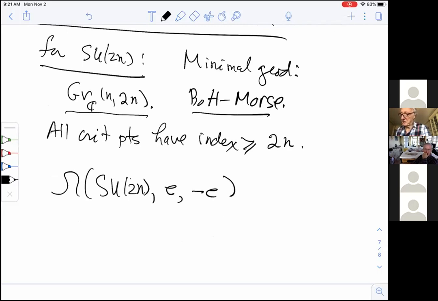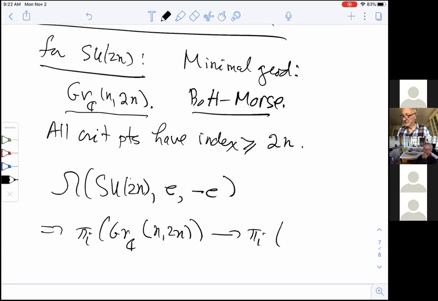All the other critical points have index at least 2n, and therefore you see π_i of the inclusion of the Grassmannian in the loop space gives you an isomorphism on the homotopy groups for i less than or equal to n minus 2.